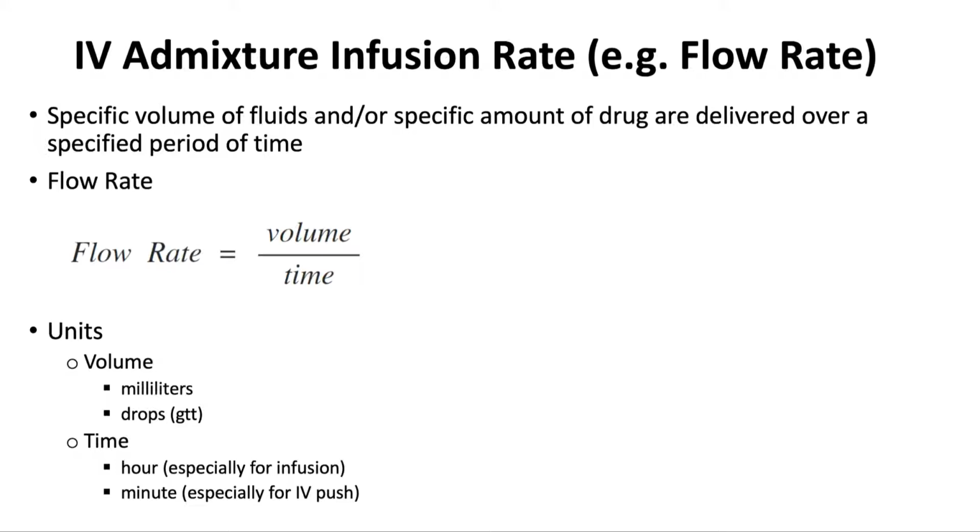So understand we can have milligrams per milliliter, grams per liter. You can have any sort of combination of units that express concentration. Okay? Nurses typically, though, need to take whatever that concentration of solution is and administer a certain volume of that over a certain amount of time.